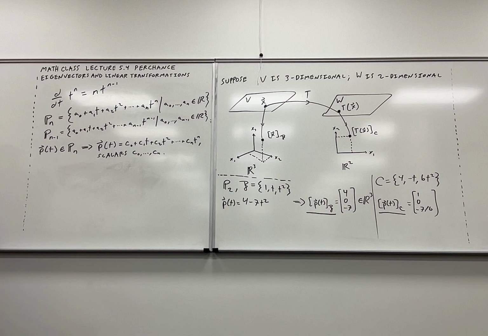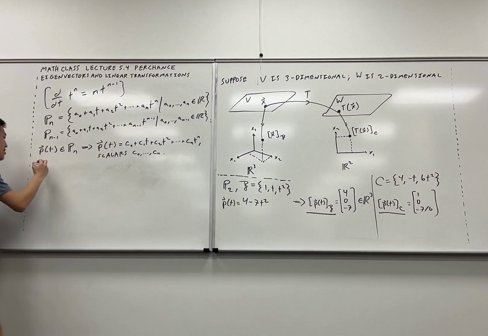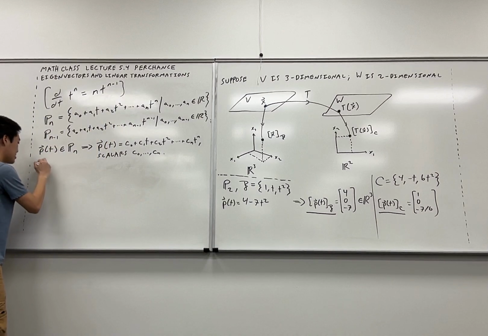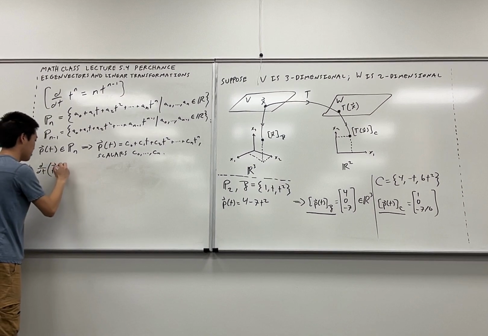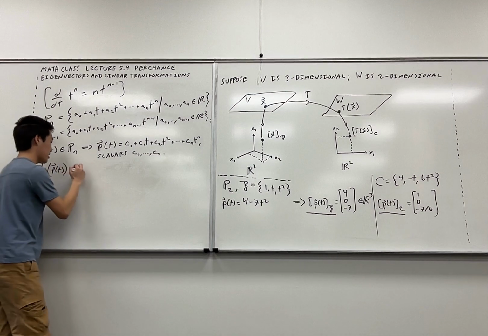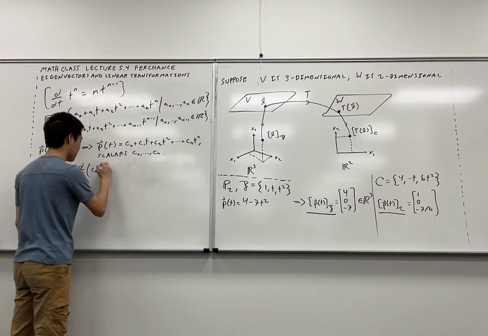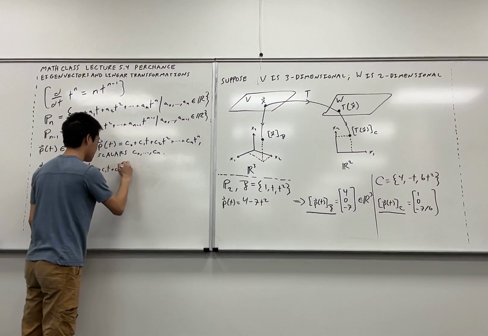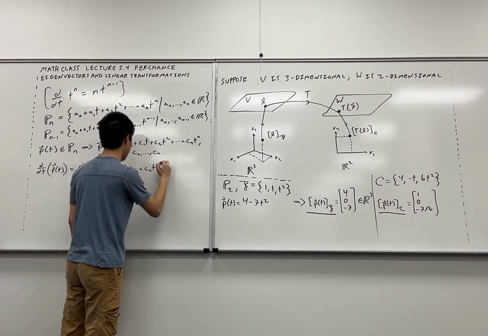Okay, so now if I actually enact this linear transformation, so if the transformation is defined by this, then d dt of my vector p of t is going to be the same thing as transforming c naught plus c1t plus c2t squared plus up to cn t to the n.